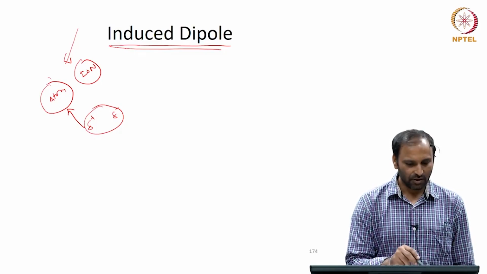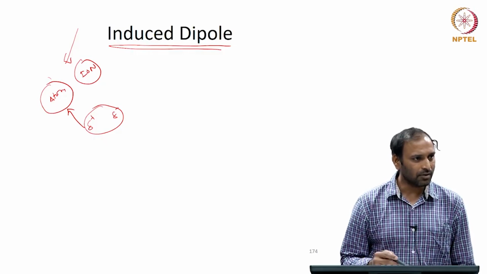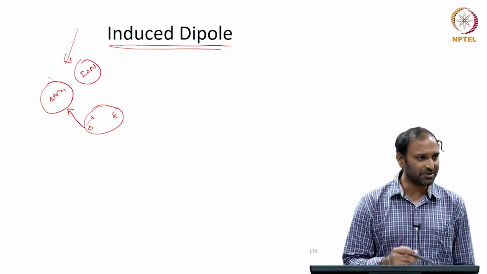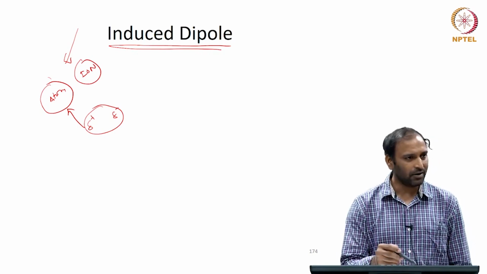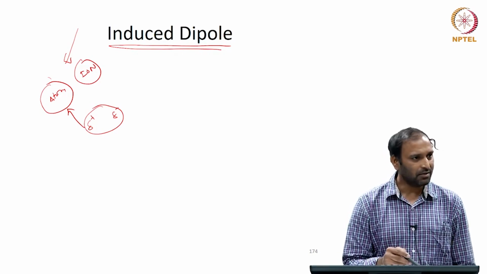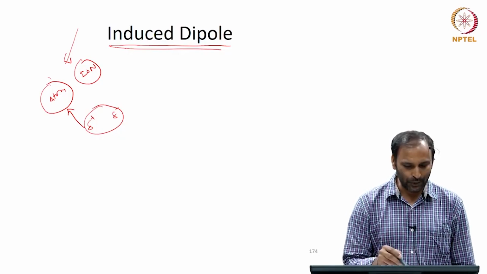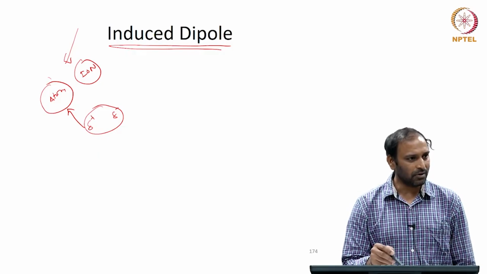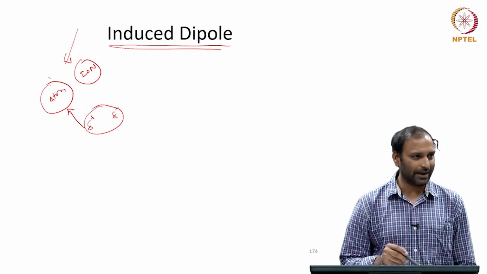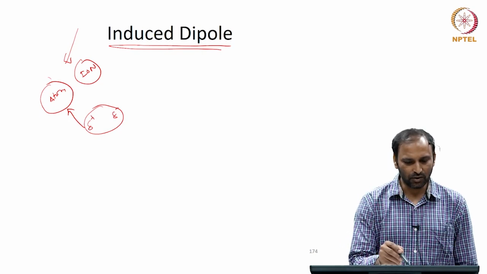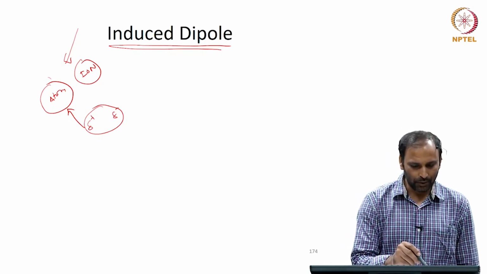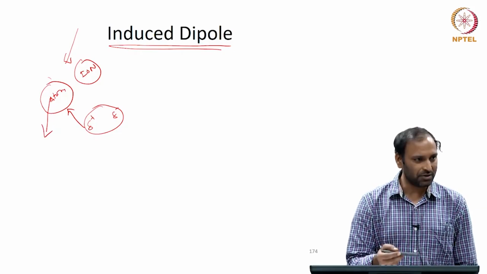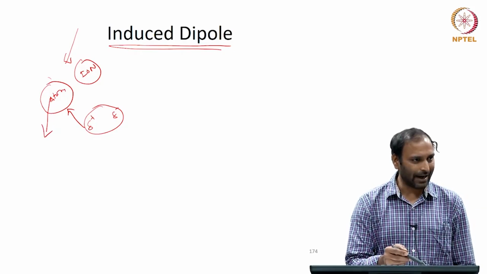Because of this, the neutral atom can also be polarized. It can acquire either positive or negative charge, depending upon whether it is approached by a cation or an anion, or which end of the permanent dipole is near the neutral atom. That is when I would say that there is a dipole induced in the neutral atom.